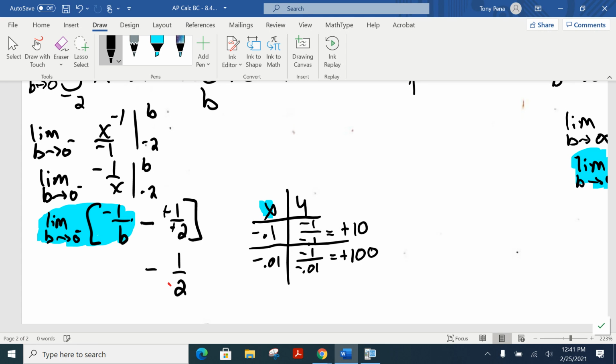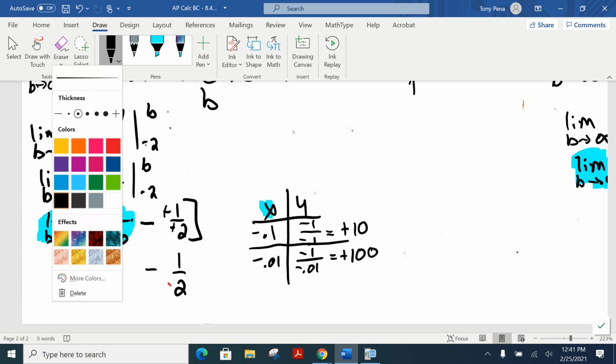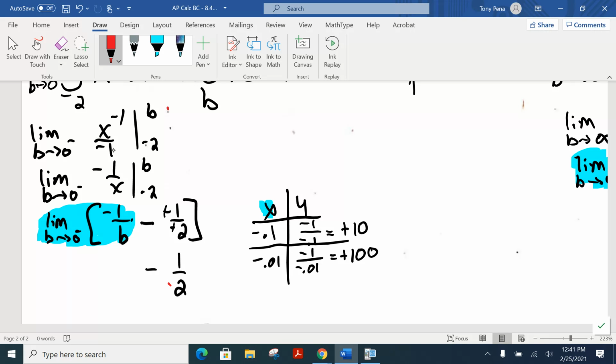So as we get really, really close to 0 from the left, if we follow this pattern, hopefully we would understand that this function is going to be getting larger and larger, going off to positive infinity. Because of that, it doesn't matter that I now have infinity minus 1/2. That still grows to infinity. So this one would then diverge. We don't have to worry about what happens with the other one.